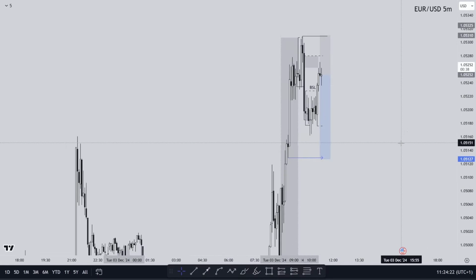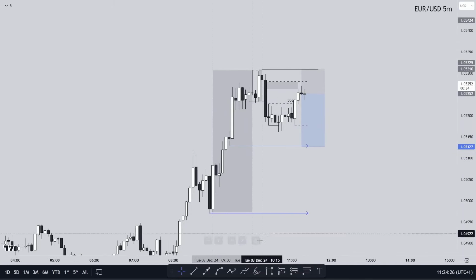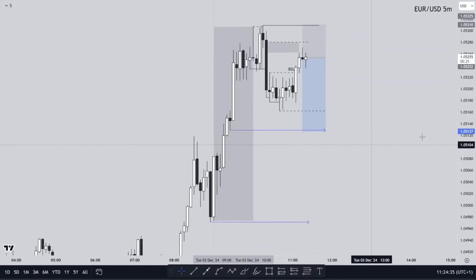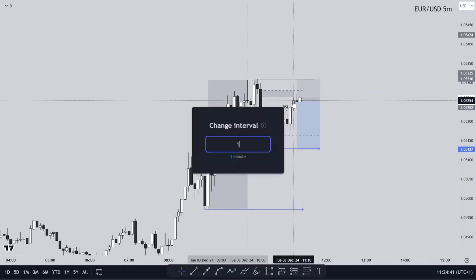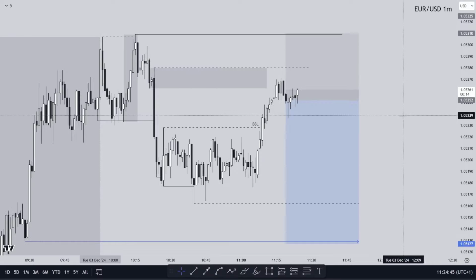But on higher time frame, such as 5 minutes, yes, this is the first relevant level. I can remove this line, for example, or of course this level, or why not this one, the low of the London opening. Everything is possible, even a stop loss.